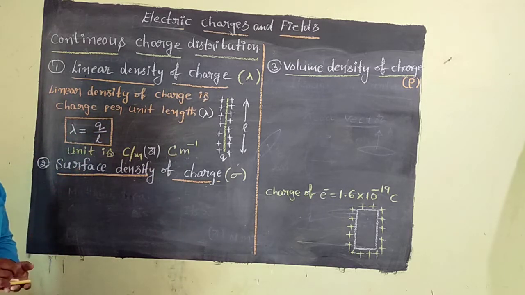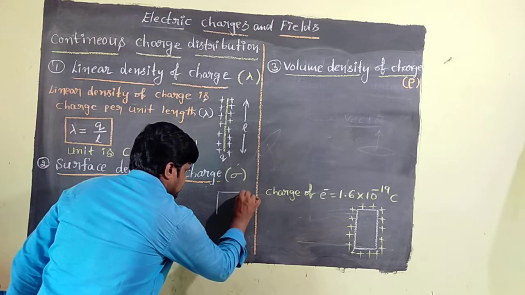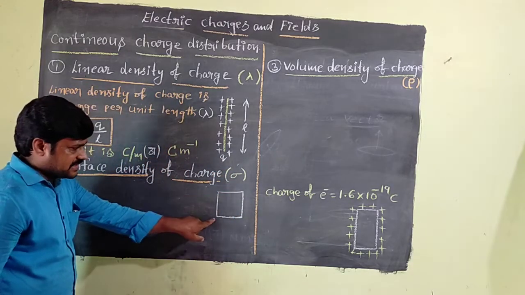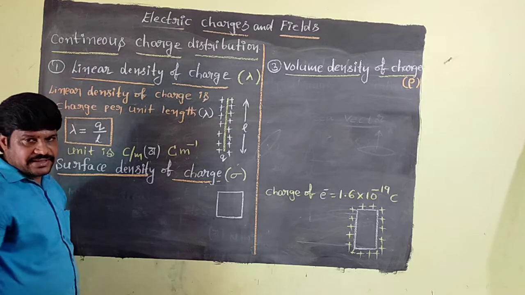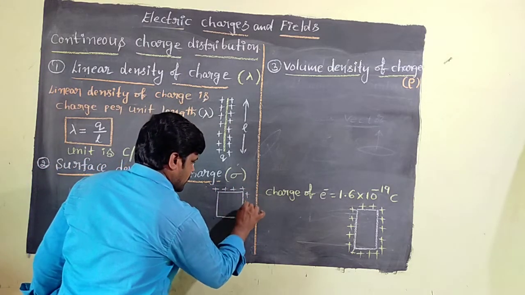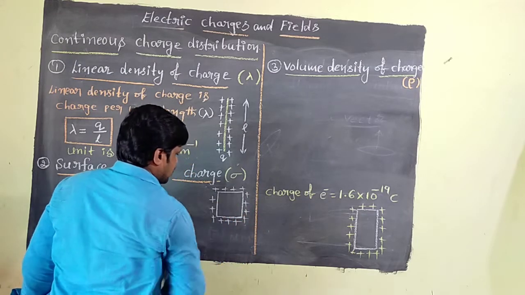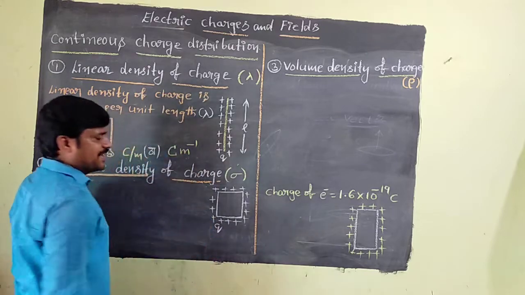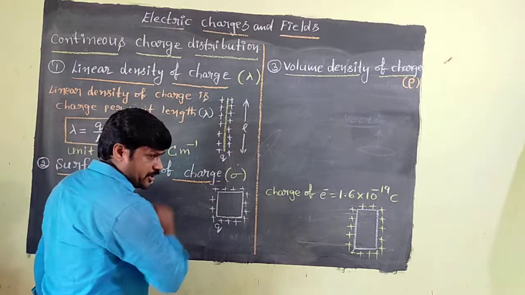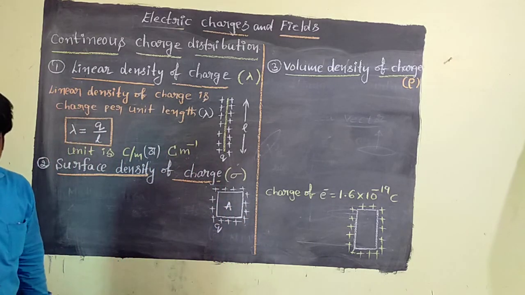Afterwards, surface charge density. For example, if you take one body, this body is having an area, length and breadth. Whatever charge you give to this body, the charge resides on the outer surface of the body. Now how much amount of charge are we giving? Q amount of charge, to an area.